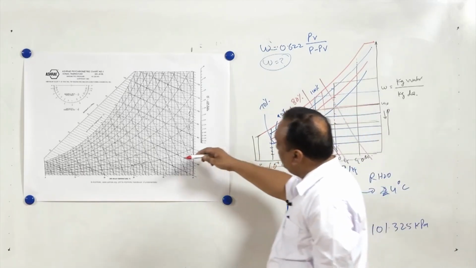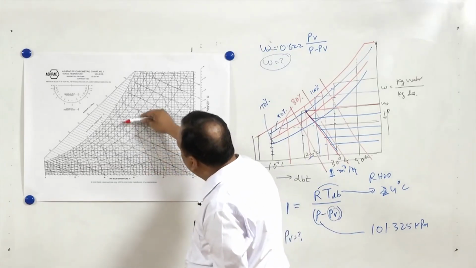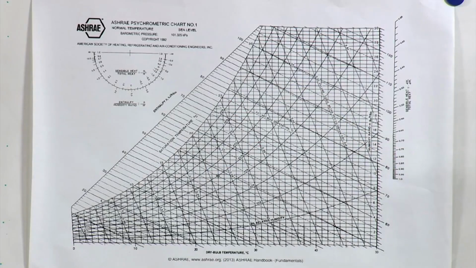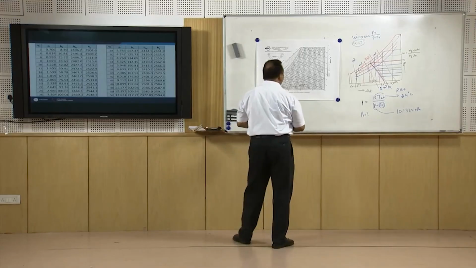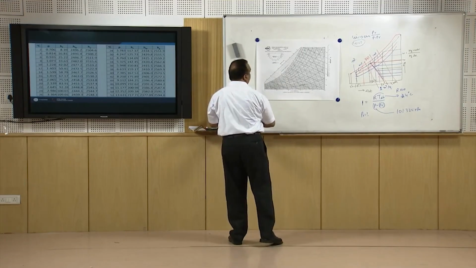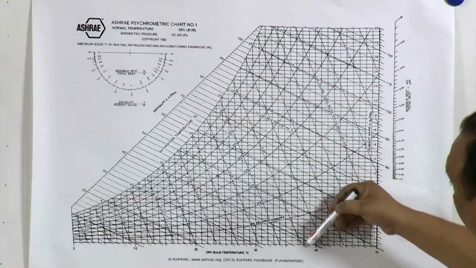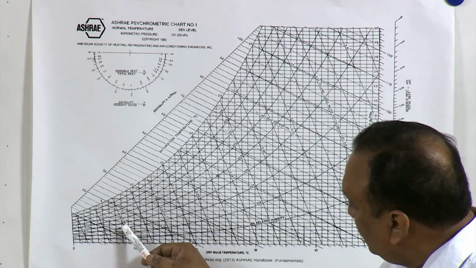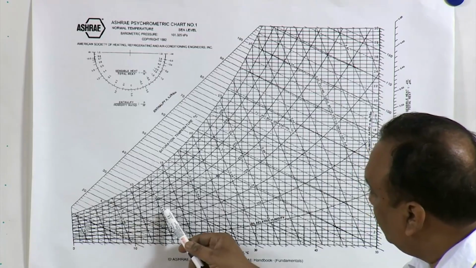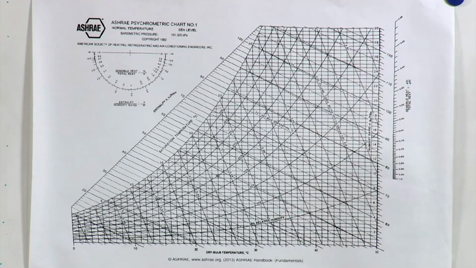So constant volume lines are solid lines, they are shown here. They are very inclined lines, I mean the inclination is more for constant volume lines. It is starting from, I will read out the values, 0.8, then 0.82, 0.84 and it is increasing up to 0.91.